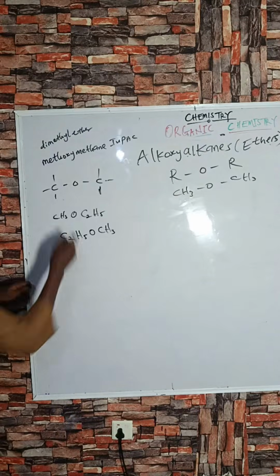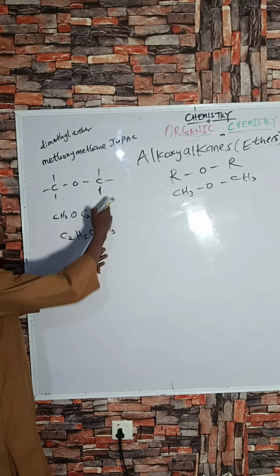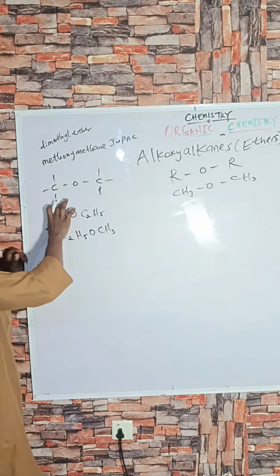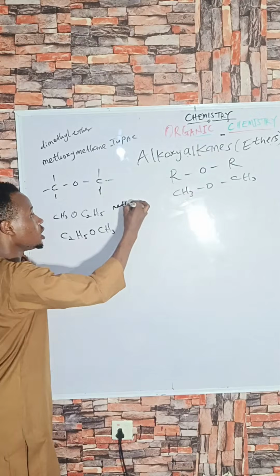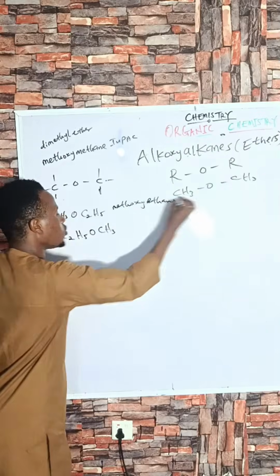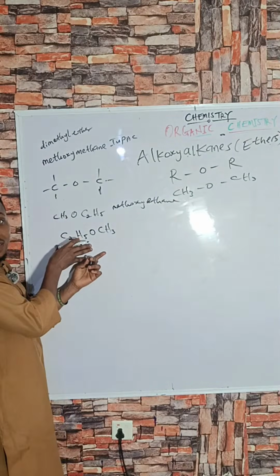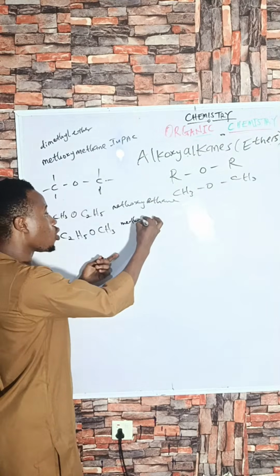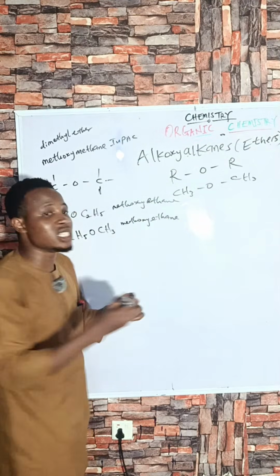So for the fact that C2H5 was here and is now here, you should not change it. The smaller one is still methyl. So this is methoxy. The bigger one is ethane. So methoxyethane. When I come here, the bigger one is still ethyl, the smaller one is still methyl. So this is still methoxyethane.